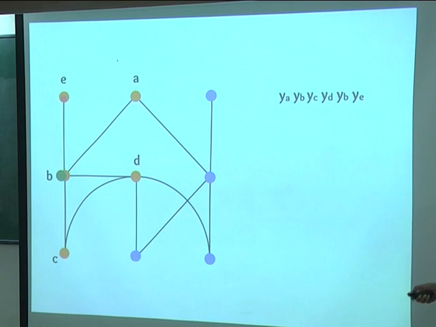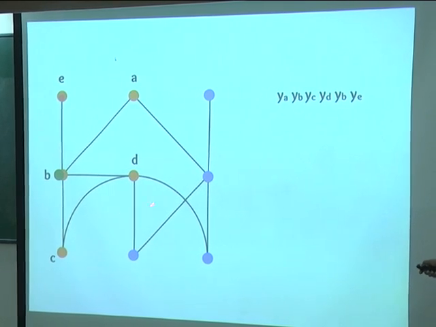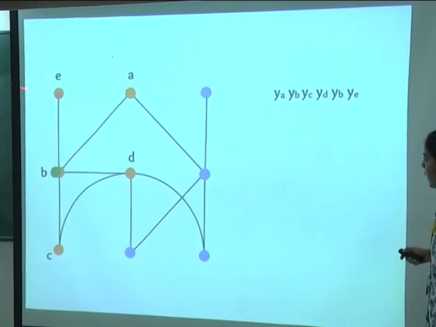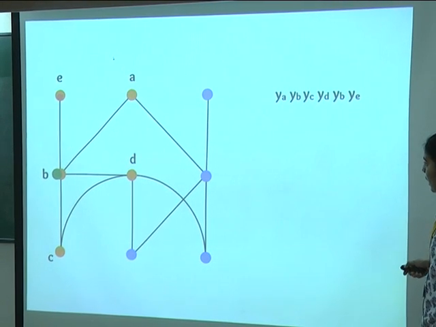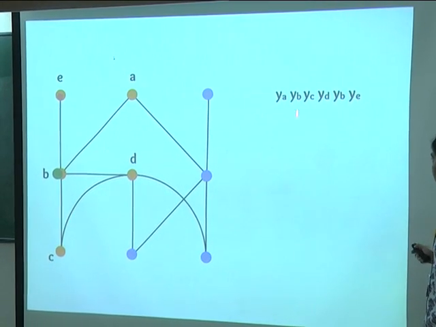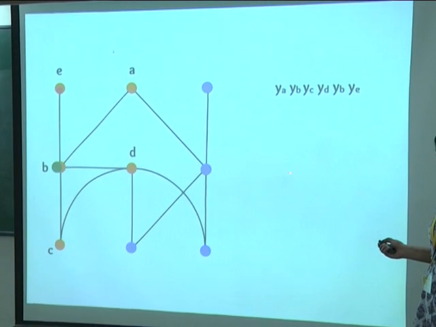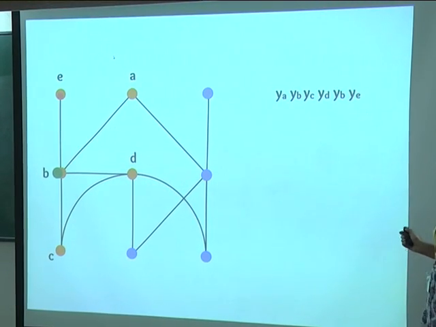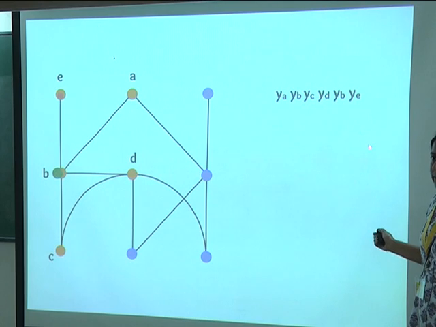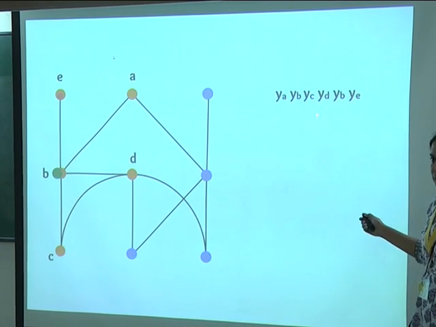In this case the vertices participating in the walk are a, b, c, d, e, and you have the corresponding variables listed out here, with the repetition. So, every occurrence of the variable in the walk corresponds to a monomial.